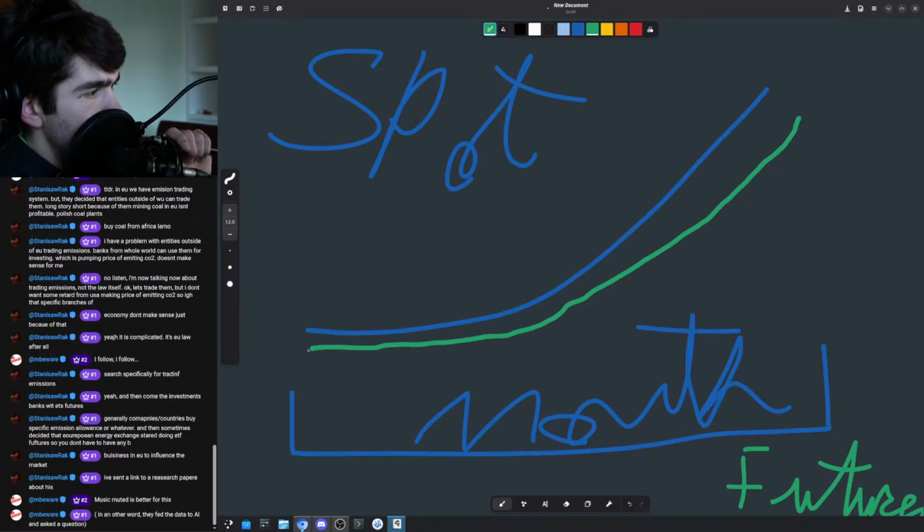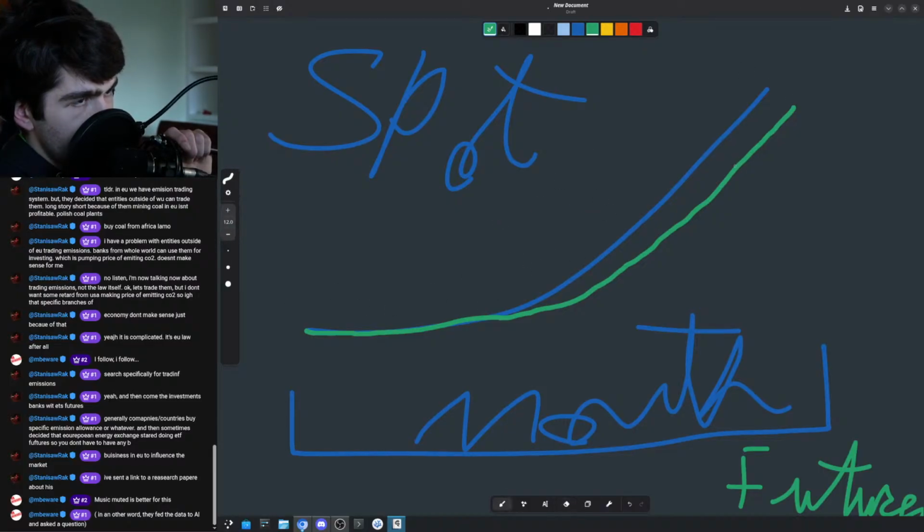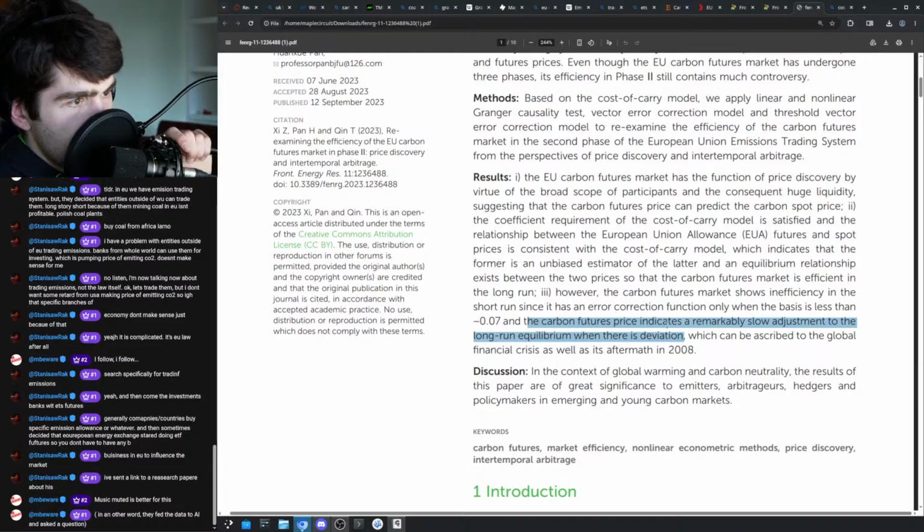Here I'm making it look like it's always lower, but that's not the point. It would take the change, but it would be slower to get there. So there's kind of a delay. That's my understanding from that part precisely.